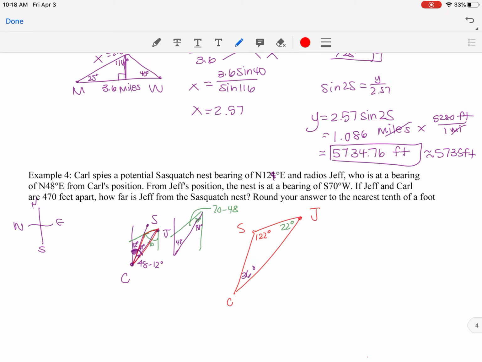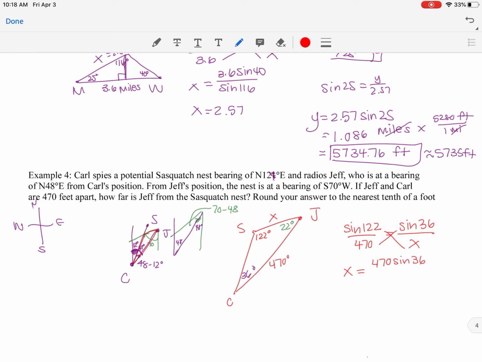Maybe I'll put some other labels here. This is Carl, right? This is our Sasquatch, and this is Jeff. They also tell us that Carl and Jeff are 470 feet apart, and they want us to know how far Jeff is from the Sasquatch, so that's x. Now you've got it all set up, we're just using our law of sines. So sine of 122 over 470 equals sine of 36 all over x.